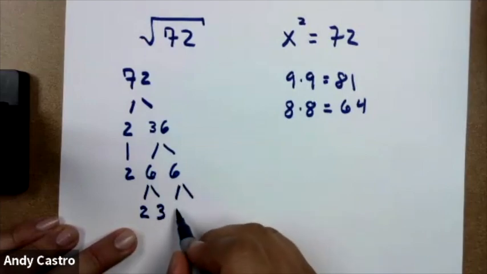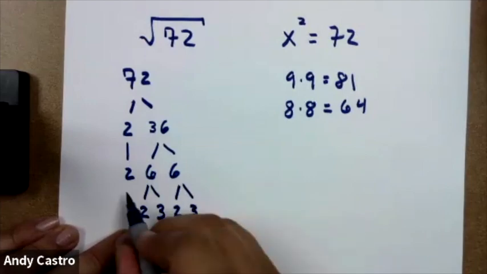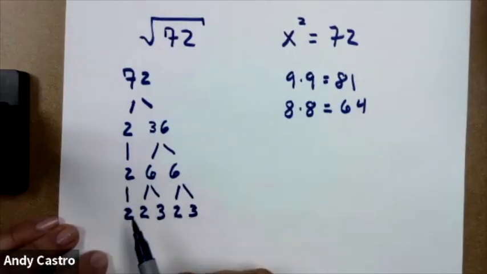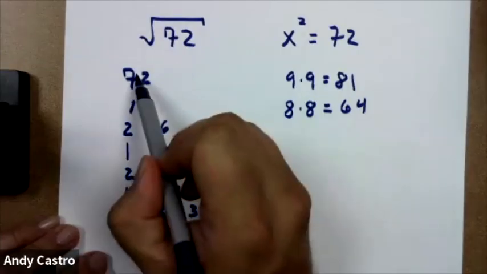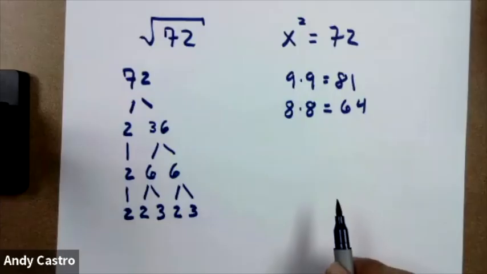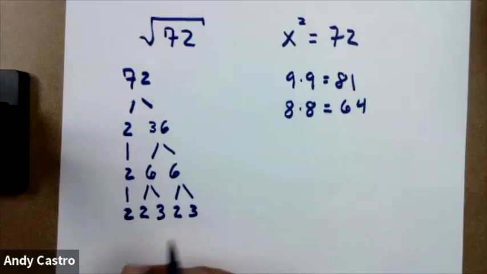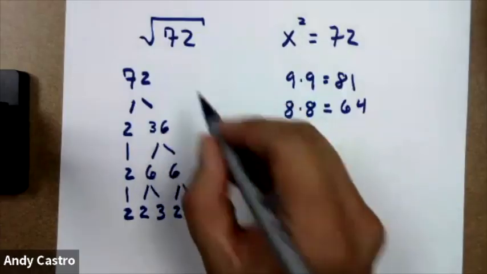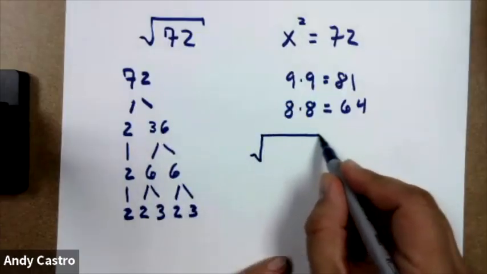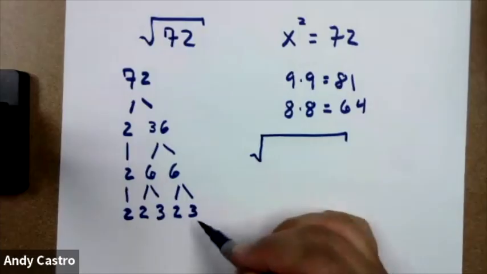And the two primes here are 2 and 3. All right, so here we have 2 times 2 times 3 times 2 times 3 gives me 72. Okay, so what that means is I could rewrite all this underneath the radical, right? Because the square root of 72, I can write as this.